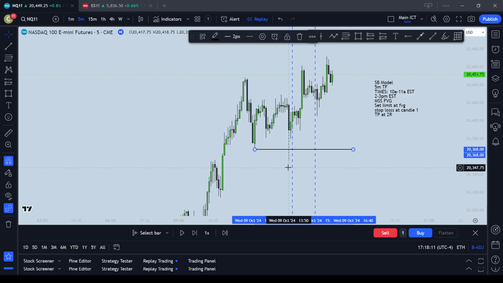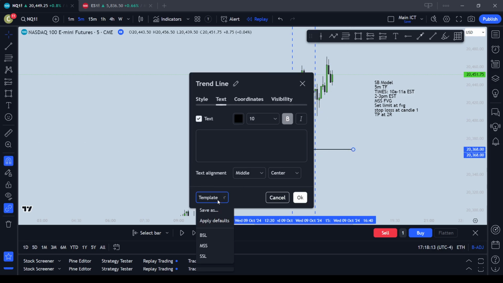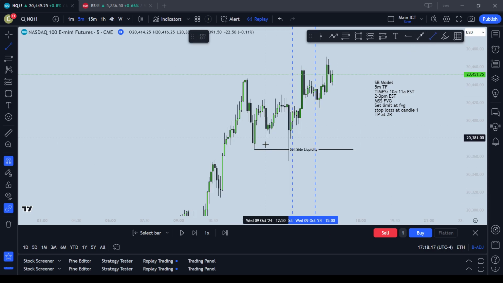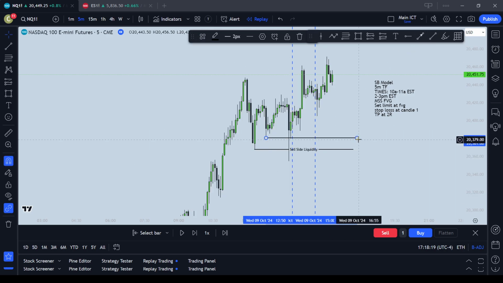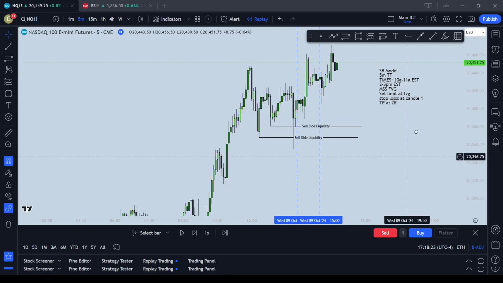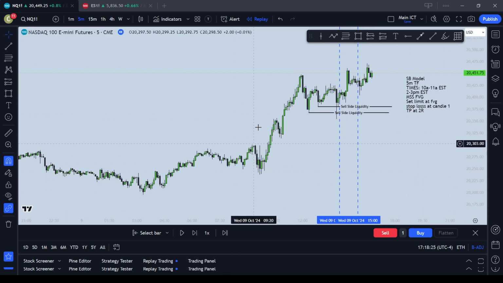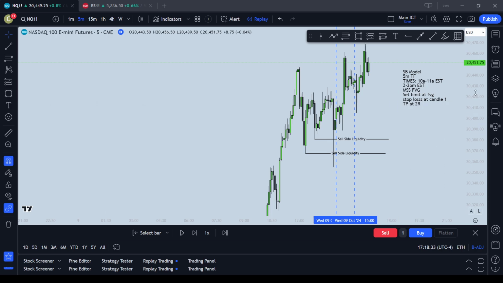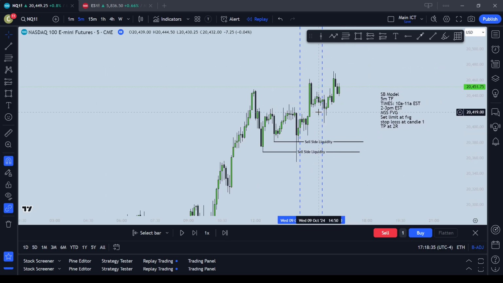We swept, and we also swept right here. So we came down and we swept this liquidity. Things are looking good for us. And we've already had a pretty bullish day, as you can tell. So we were just looking for a continuation. We had a bullish Asia, bullish New York AM. So coming into the PM session, we were looking for a bullish silver bullet.